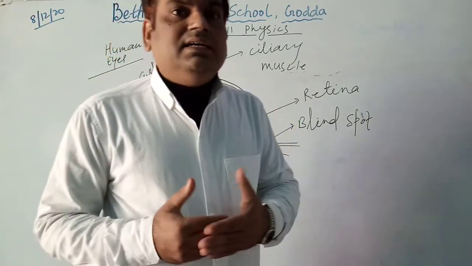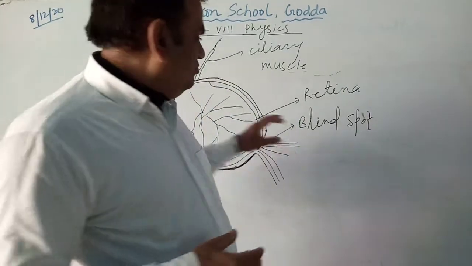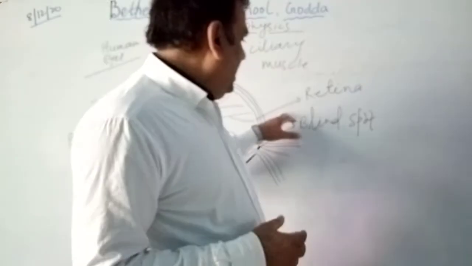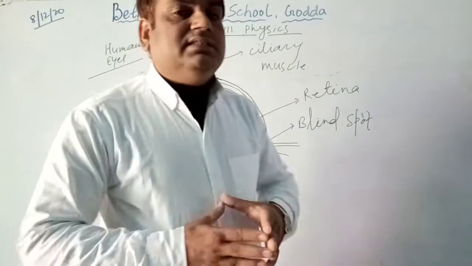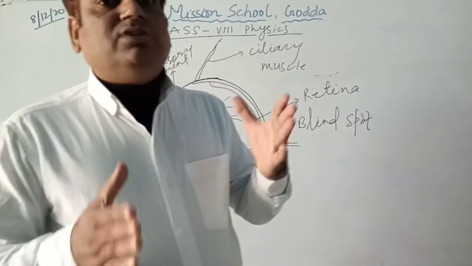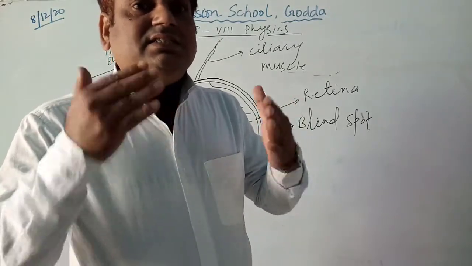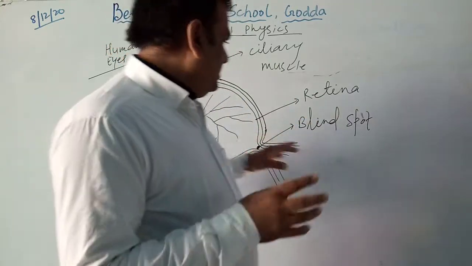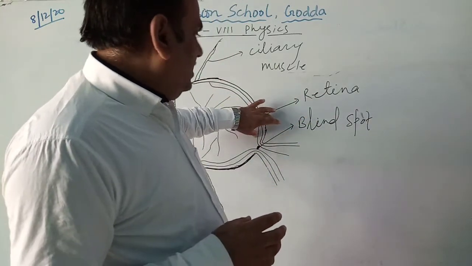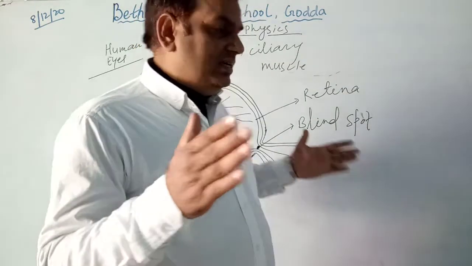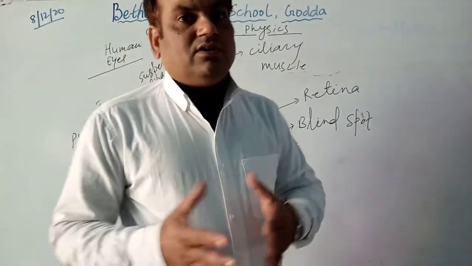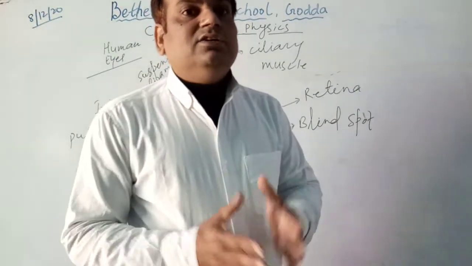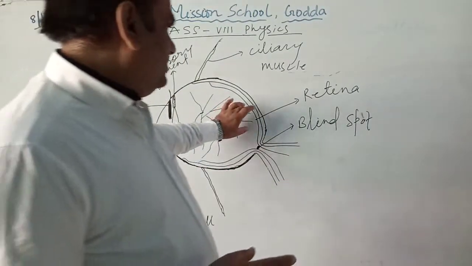We can identify color due to cone cells. And rod cells are sensitive to the intensity of light, whether it is bright light or dim light. That is due to the rod cells. So these are the two kinds of cells present.